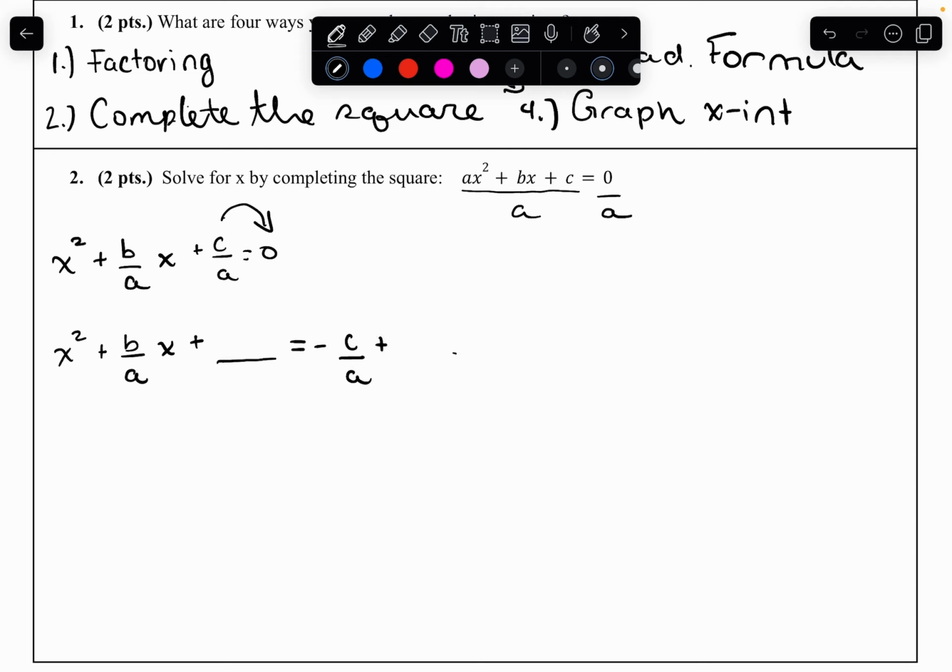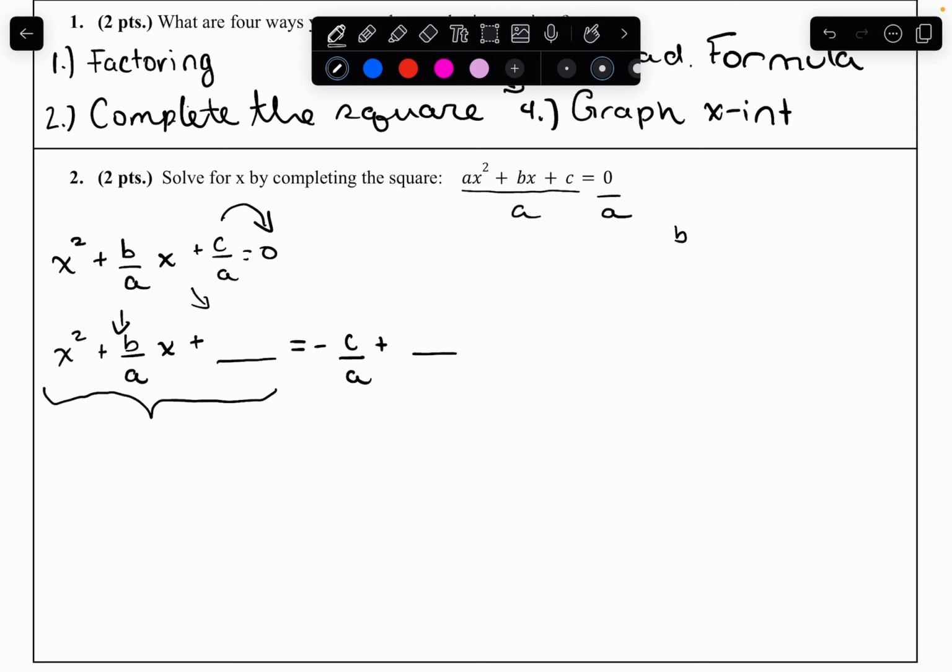Okay, why did I put this random fill in the blank? Because I'm trying to make a perfect square trinomial. And if I want to make a perfect square trinomial, then I need to figure out what that constant should be. That number that goes there is the middle term divided by 2 and then squared.